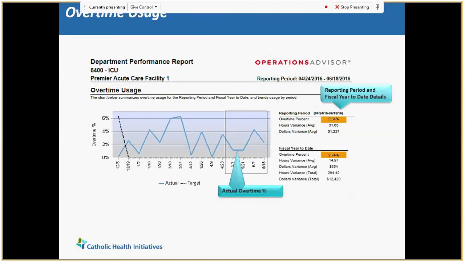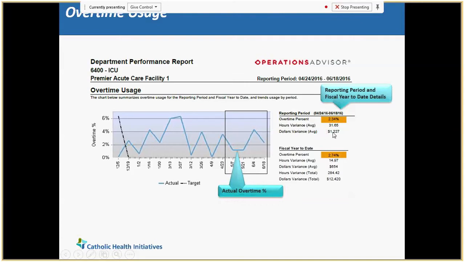The next page will show overtime usage, so your overtime total throughout the year, and then the reporting period and year-to-date average. So this is at a department total. We'll see a little bit later where you can see it at a job code or employee level. But one thing to point out here is to keep in mind that there's a 2% overtime goal, and you can see here that there are some line items to show the variance.